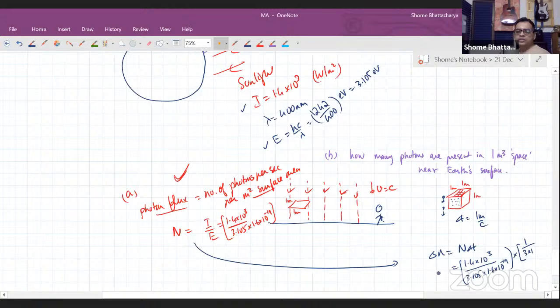So this should be the number of photons. Have you understood the calculation, Aditya? Whatever you got in the A part, just divide it by c. You should get the answer for the B part. Is the question clear?